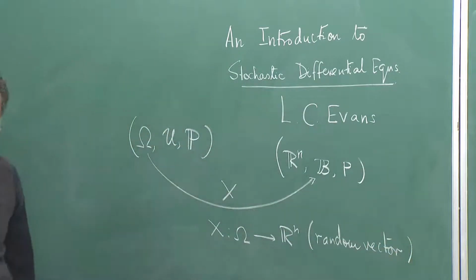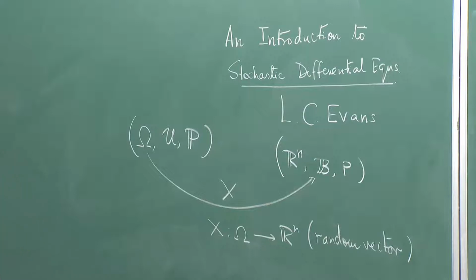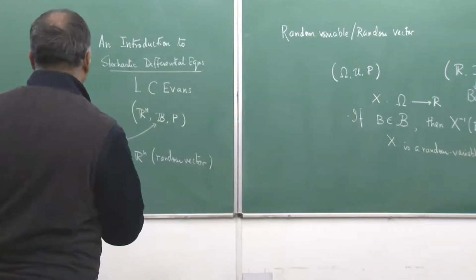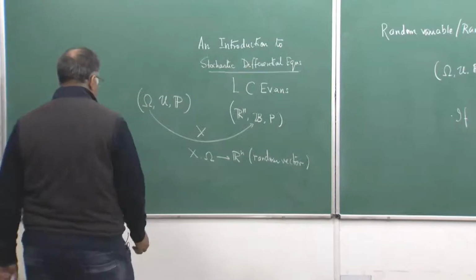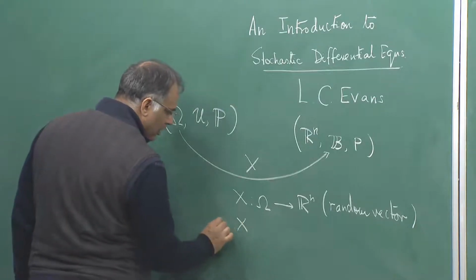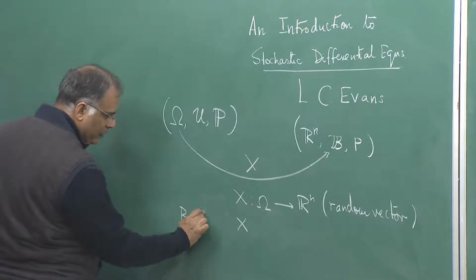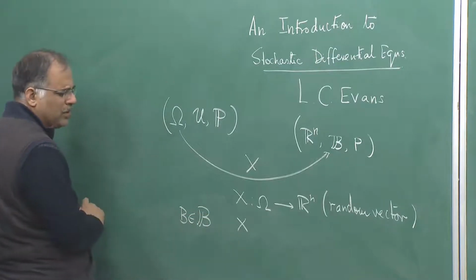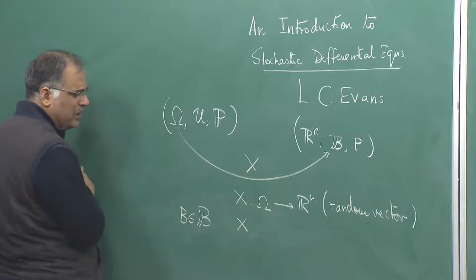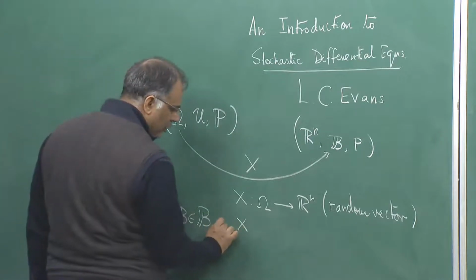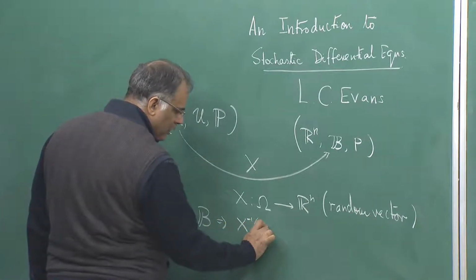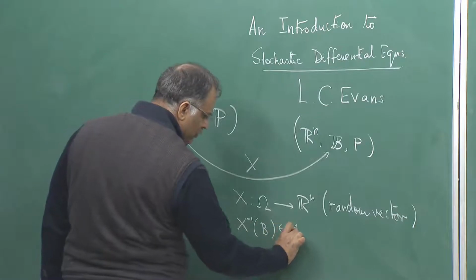Most of our studies would largely remain in the domain of random variables, but this is just to give you a generalization. In this case the same thing would occur: if you take any B, a set in Rn which belongs to the Borel sigma algebra in Rn, then x inverse B must belong to U.